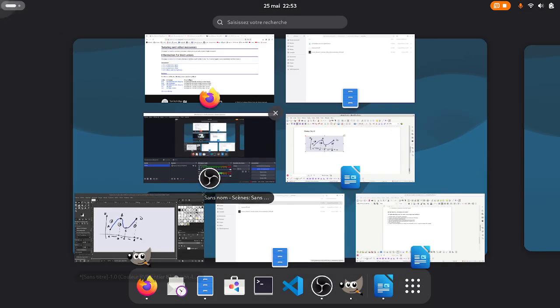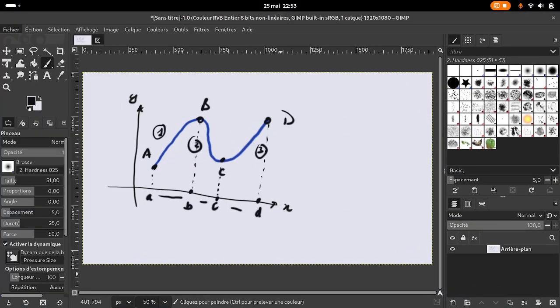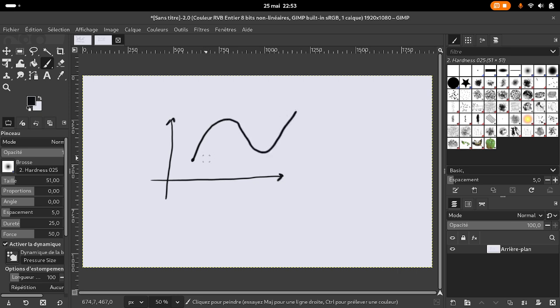Now the second graph. It's the same graph, but just to show an important property. We see that on the interval AB, the graph is increasing here.